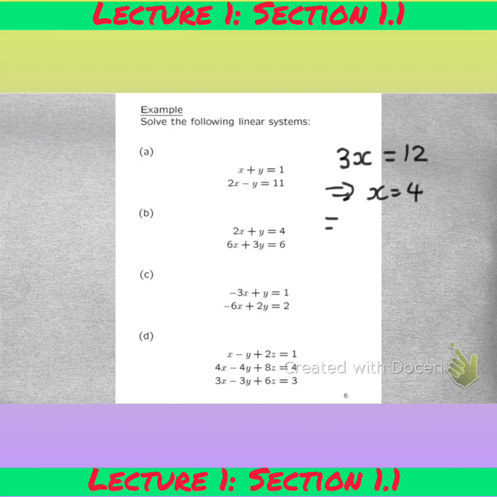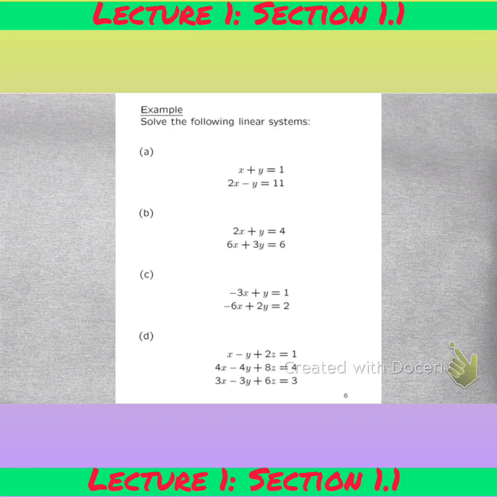Substituting it back into the first equation, we get that 4 plus y needs to be equal to 1, which implies that y is equal to -3. So that system has exactly one solution. You can see it as two straight lines intersecting in one point.